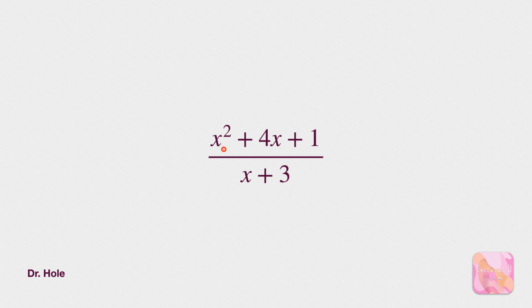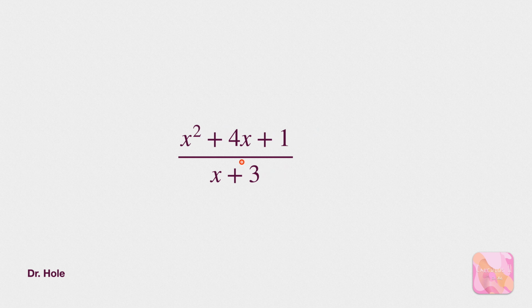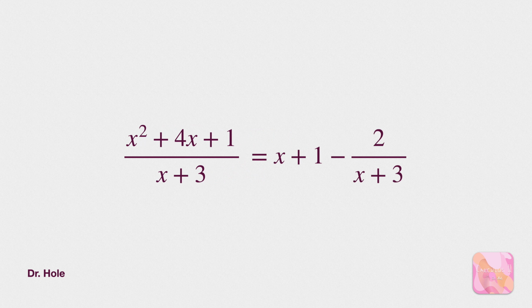And since the top has at least a degree as high as the bottom, there's some division to be accomplished. And if we do that, dividing x plus 3 into the top, we'll come up with x plus 1 as the quotient and negative 2 as the remainder.